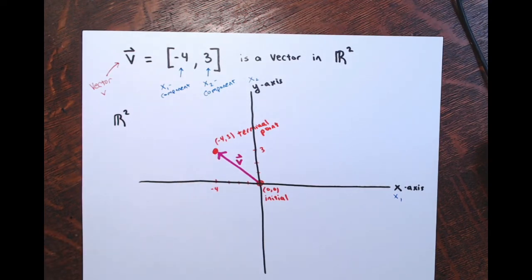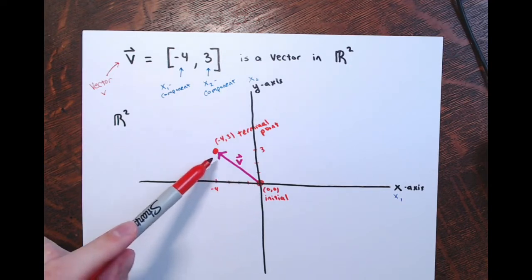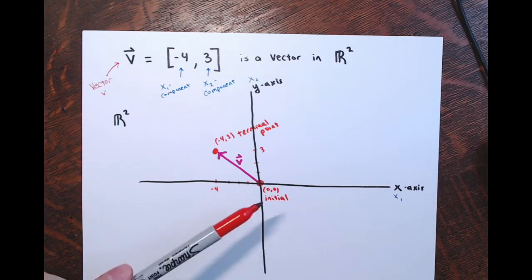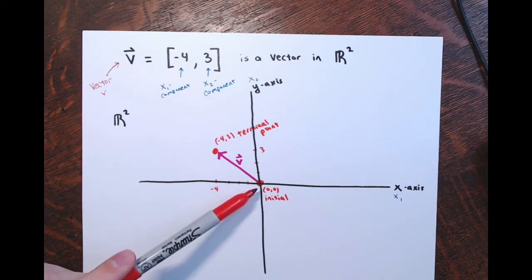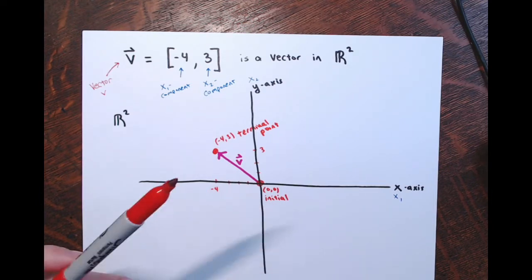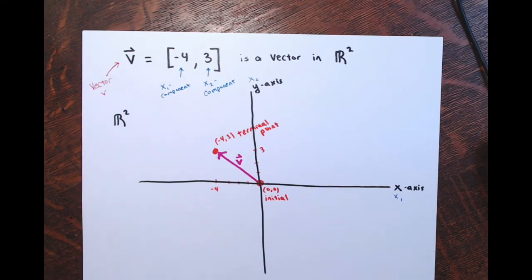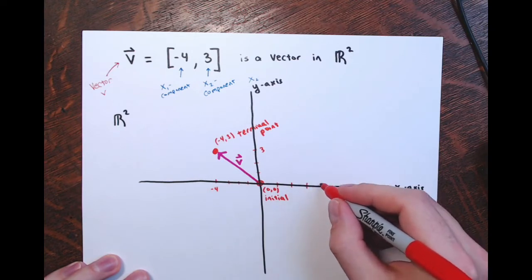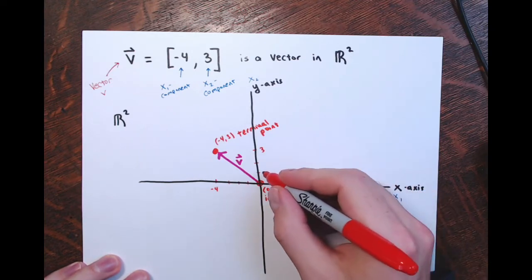Now let me tell you something about this. You don't have to draw a vector in standard position. A vector doesn't have to start from the origin. I could start this vector anywhere I want. So how about over here? How about at the point 5, 1?